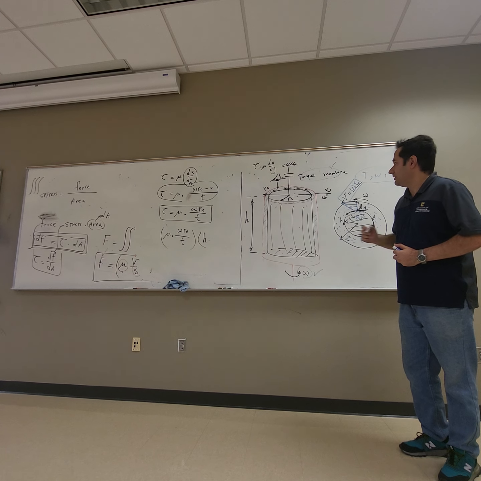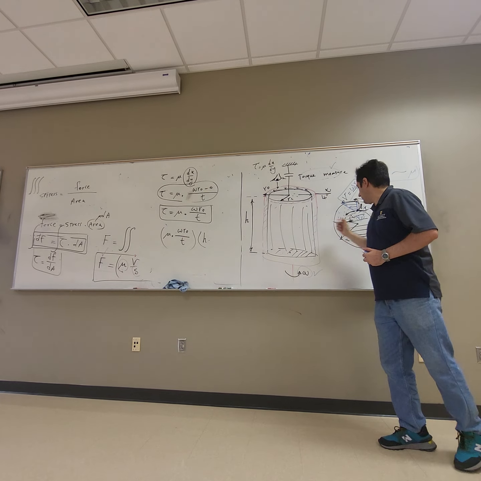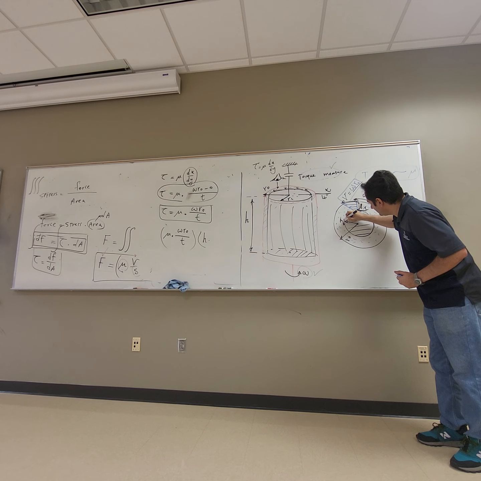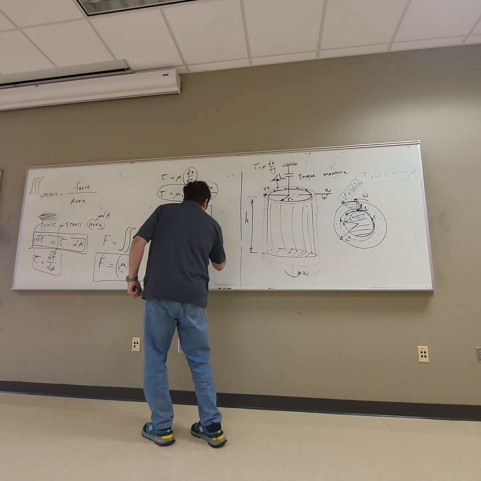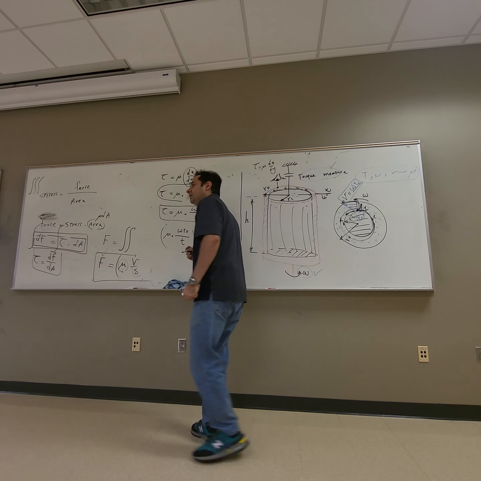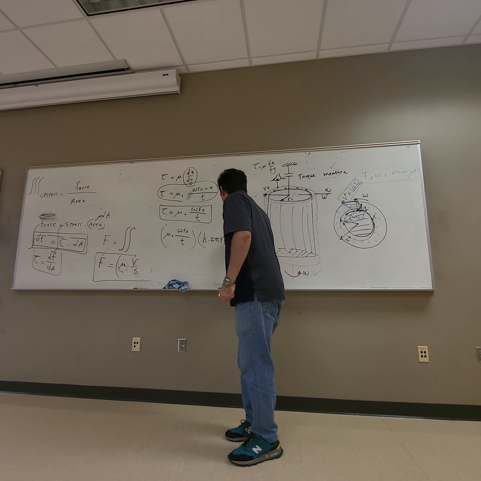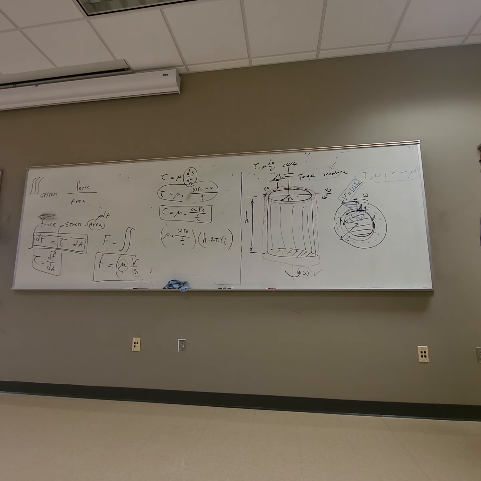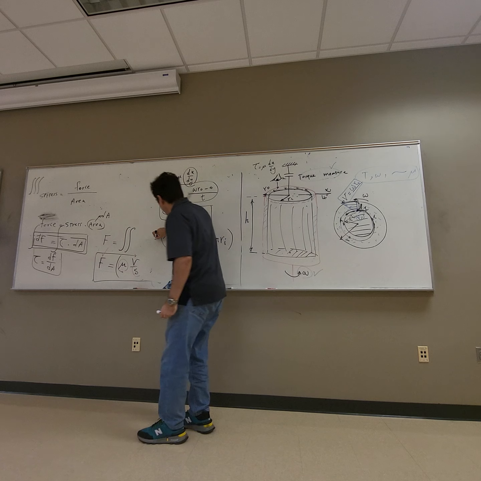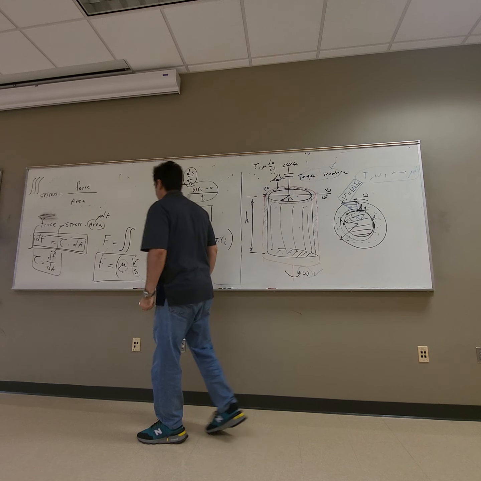We're on the outer circle, right? We are on the inner circle. We're trying to find the tau on the inner circle. So 2 pi Ri. So that is what? That is force.